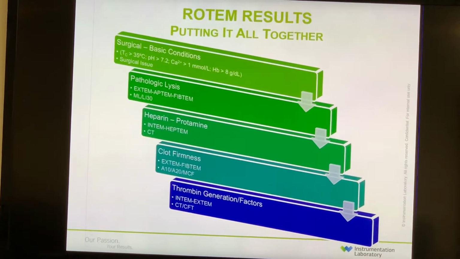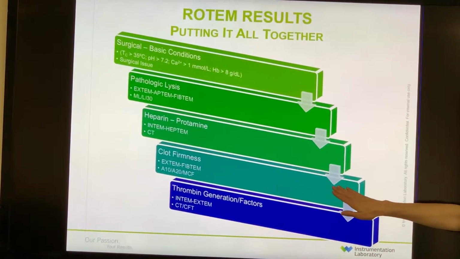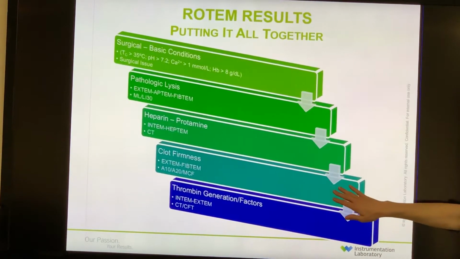If you suspect heparin's a cause of bleeding, you're looking at your INTEM to your HEPTEM with that CT ratio between the two. And with every patient that's bleeding, XTEM to FIBTEM to rule in, rule out fibrin, because you want to make sure they can build a wine glass, or I call it the Hoover Dam of clots, to stop the flow.